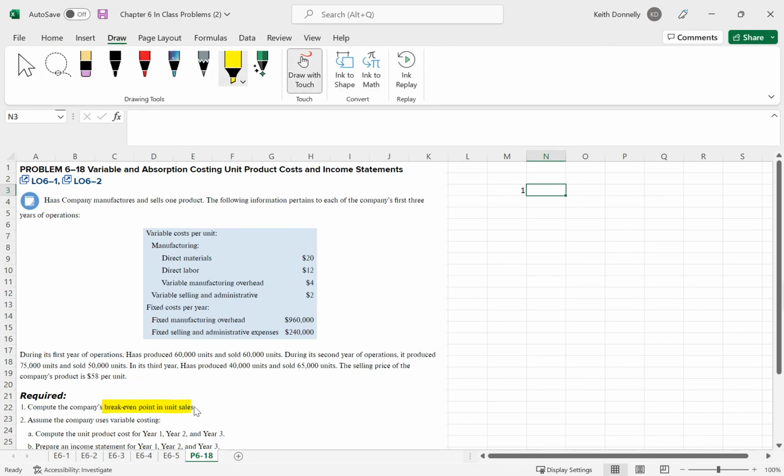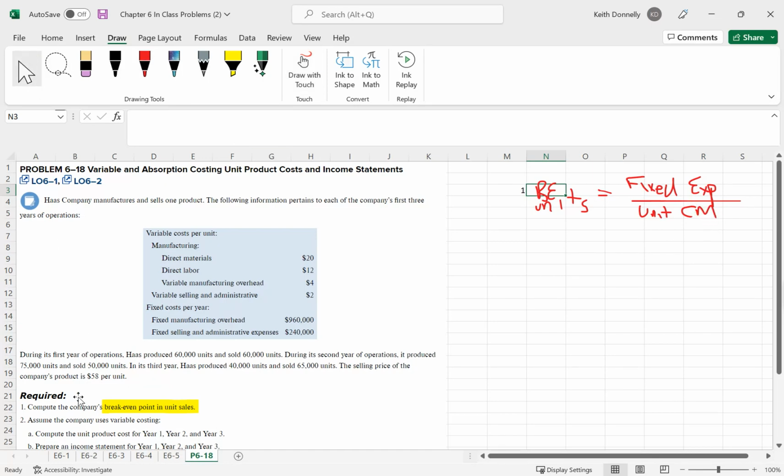our break-even point in unit sales. We were just looking at this before in a modified version. First thing we have to do for our break-even in unit sales: break-even in units is going to equal our fixed expenses divided by our unit contribution.